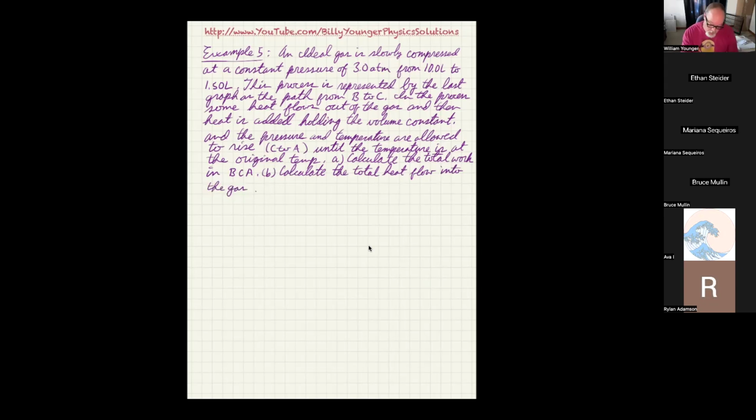Okay, so that's a pretty big problem, but basically we're attacking what we just did, so it shouldn't be too terribly hard. What we're first going to do is start off in the constant pressure phase.